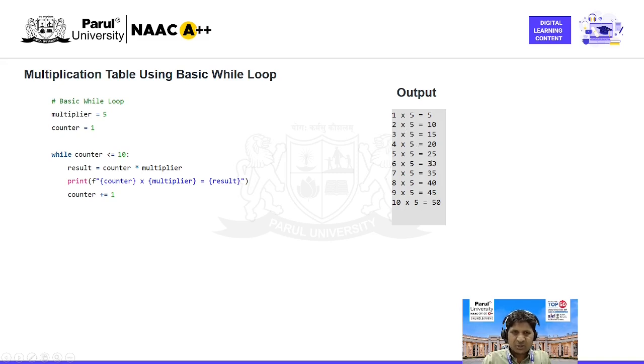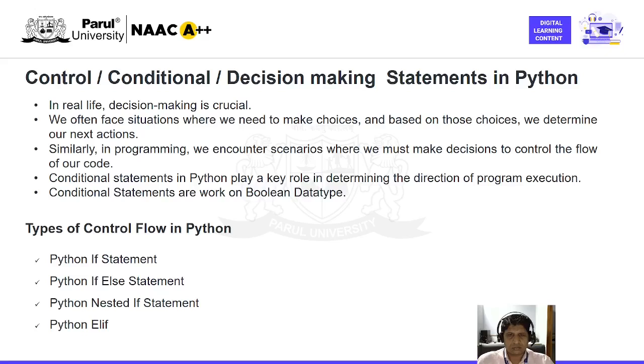The same process repeats until the counter becomes 10. Because of the equal to sign, when the counter value is 10, the condition is true. When the counter value is 11, the condition is false, because 11 is not less than or equal to 10.